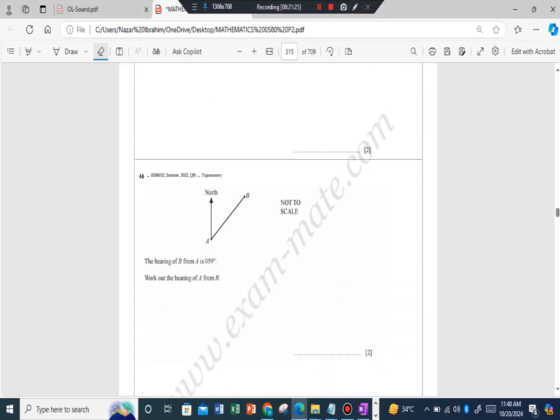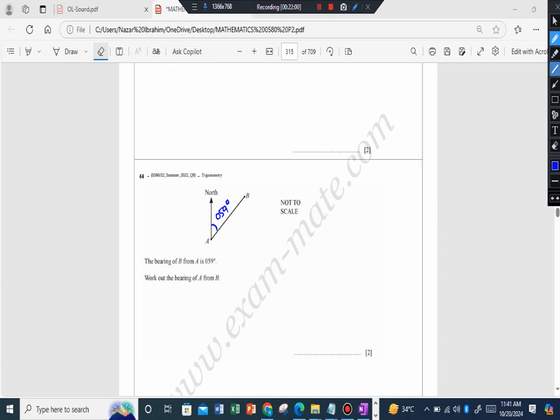Question number 44. The bearing of B from A is 059. For bearings we should know where the bearing is starting from, right? The second alphabet. So if I'm saying the bearing of B from A, it means from the north of A to B. The angle from the north of A to B is this angle, which is 059 according to the question given to us.